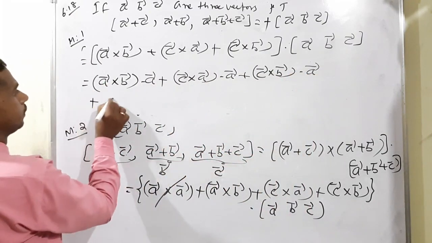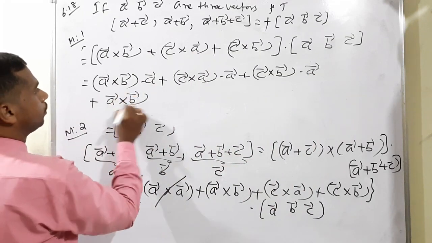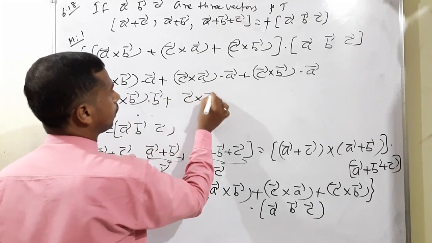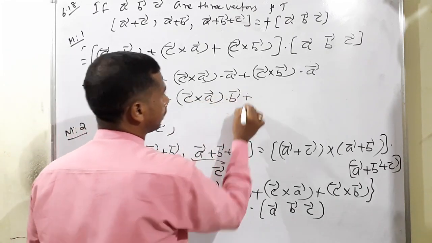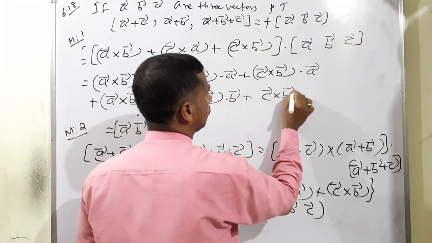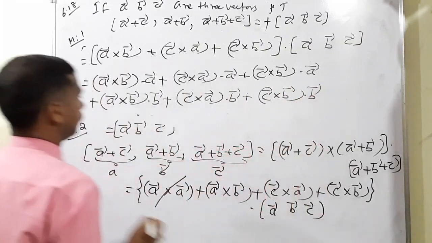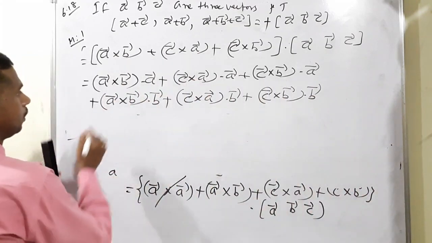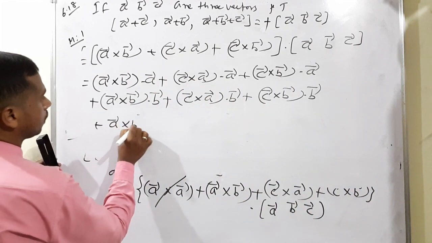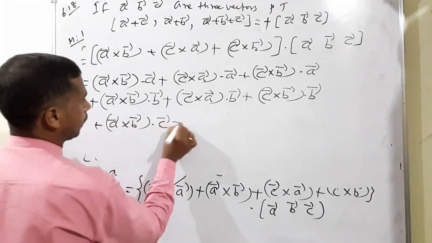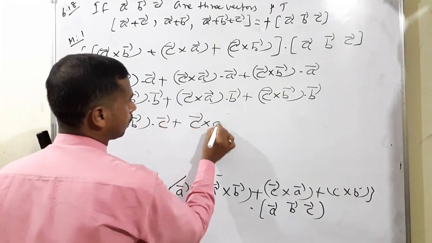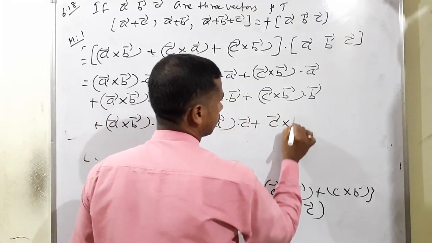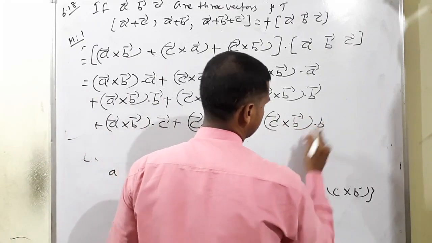Next one, plus A vector cross B vector dot B vector, plus C vector cross A vector dot B vector, plus C vector cross B vector dot B vector. Third one, plus A vector cross B vector dot C vector, plus C vector cross A vector dot C vector, plus C vector cross B vector dot C vector, isn't it?